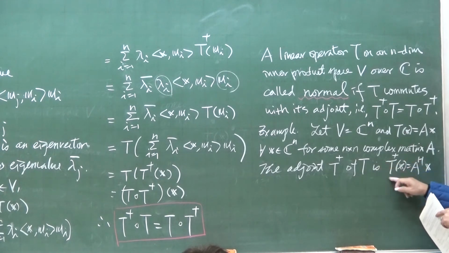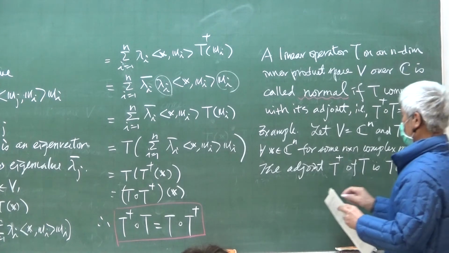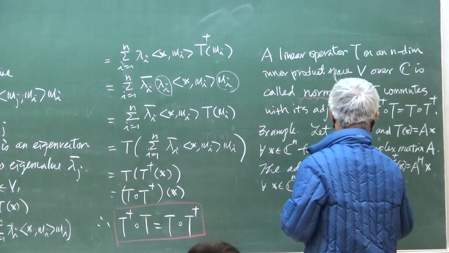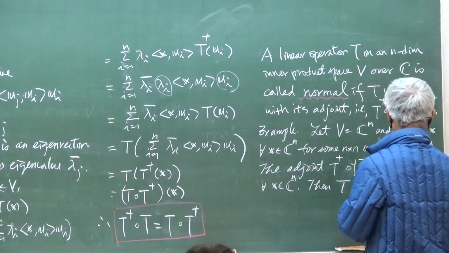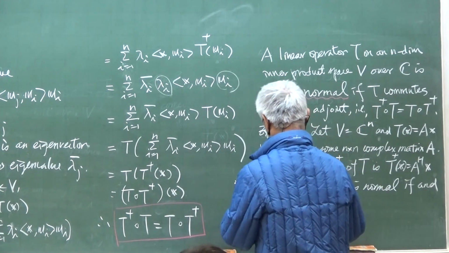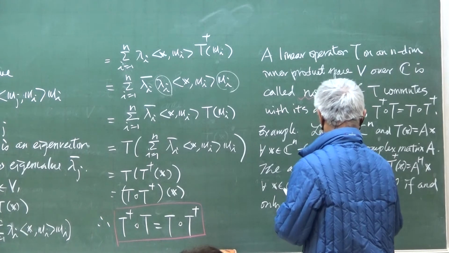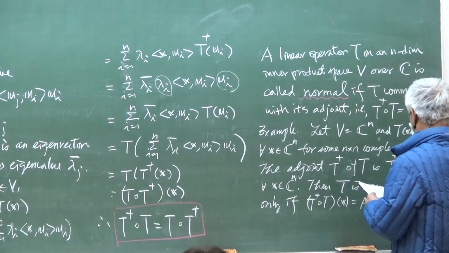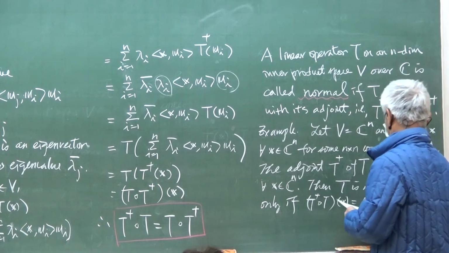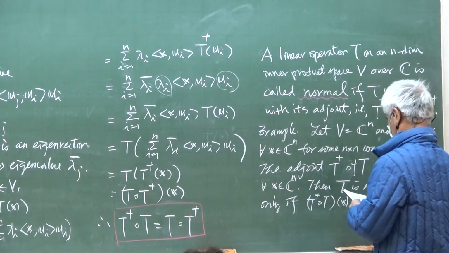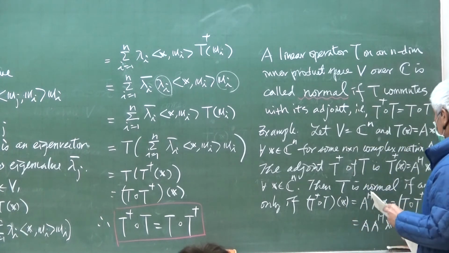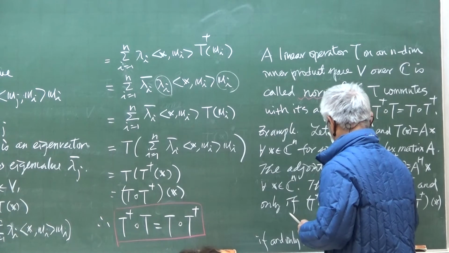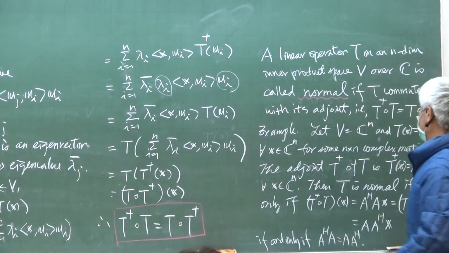So then T is normal if and only if A A^H x equals A^H A x for all x, which is if and only if A^H A equals A A^H.